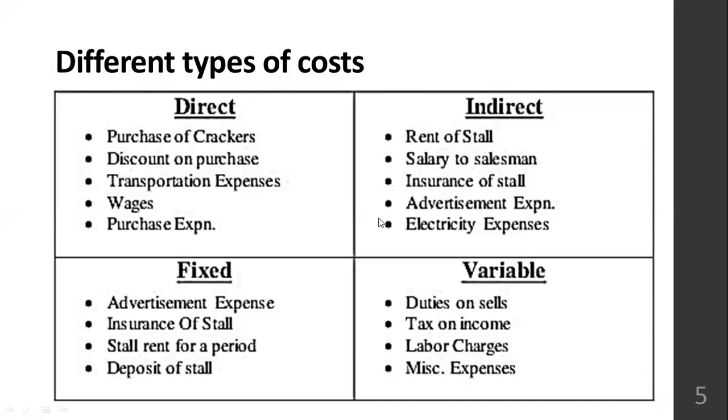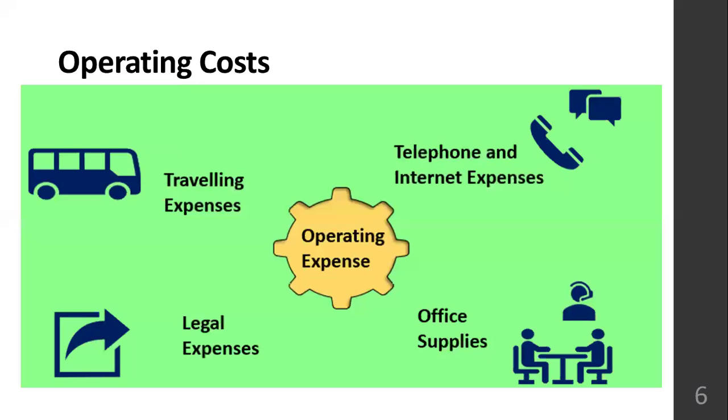Also, if your manufacturing sector or service sector is in a seasonal or cyclical situation, variable cost would change over a period of time. Then operating cost. These are the costs associated with day-to-day business activities. It could be variable or fixed as well.